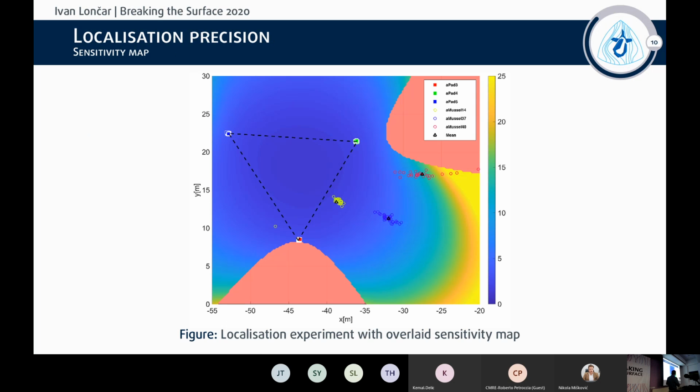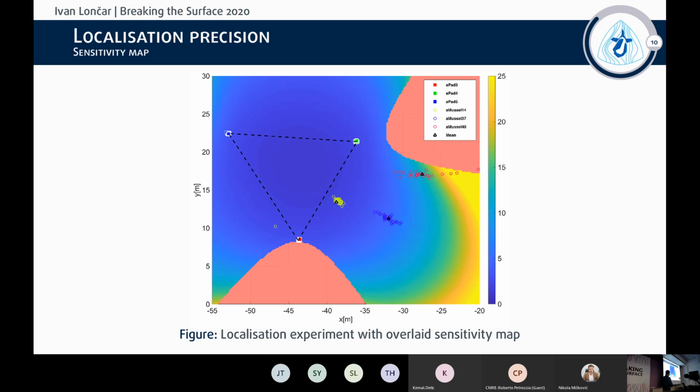Here we have a map which represents some kind of sensitivity analysis. It's basically error propagation, uncertainty propagation from timing measurements to localized positions. And as we see, the area in red denotes the area where the agents are not uniquely localizable.